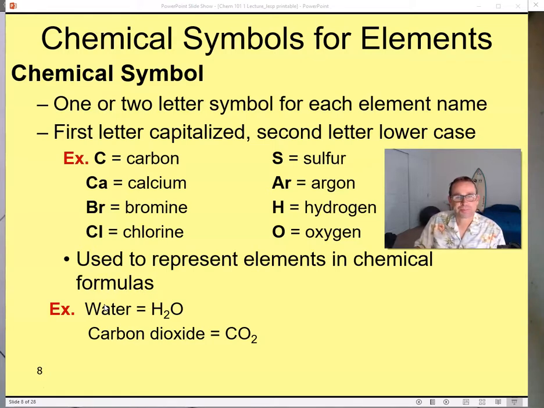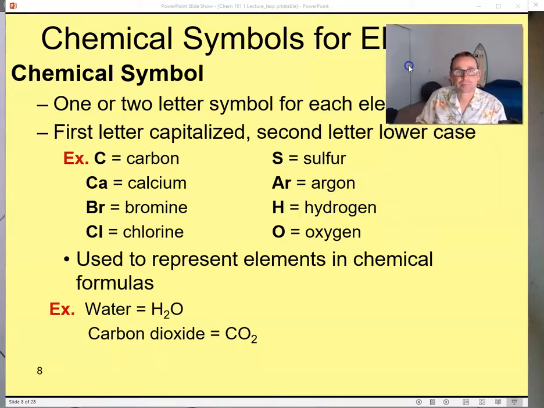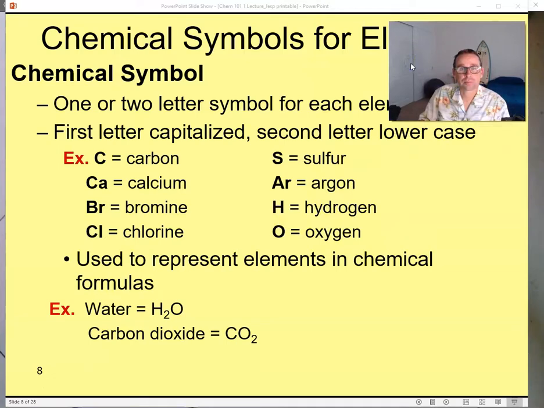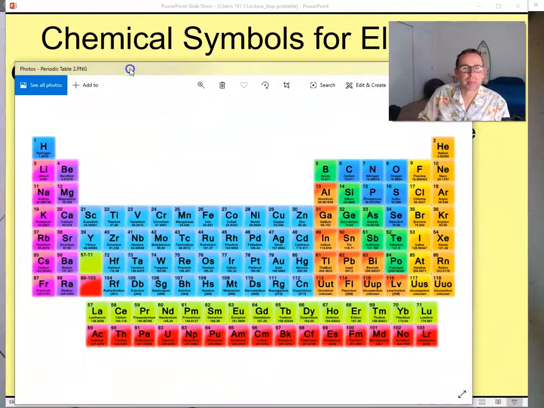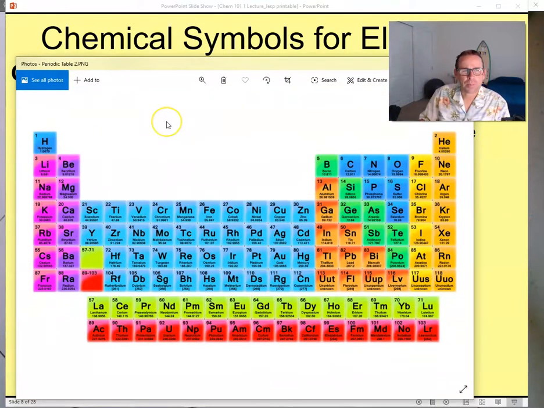So are atom and element synonymous? Well, if we say we have an atom of hydrogen, I guess we don't say it's one element of hydrogen, right?